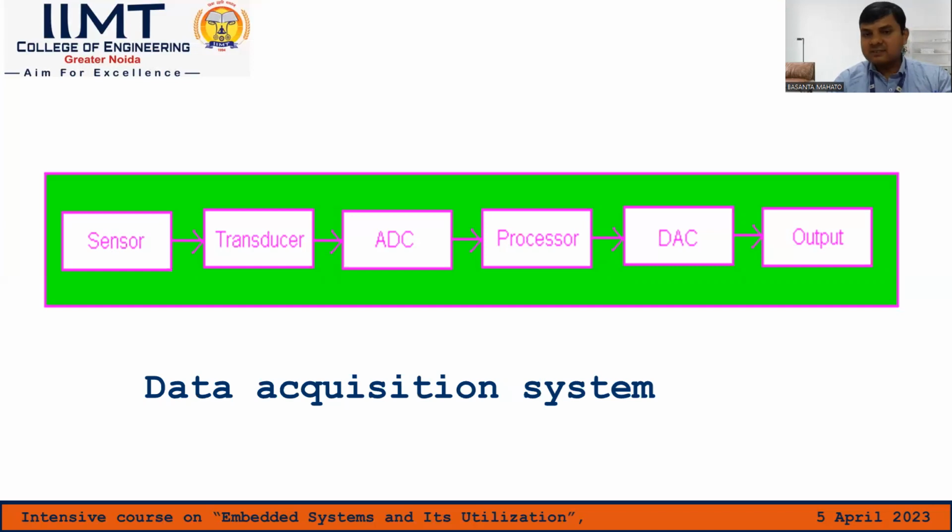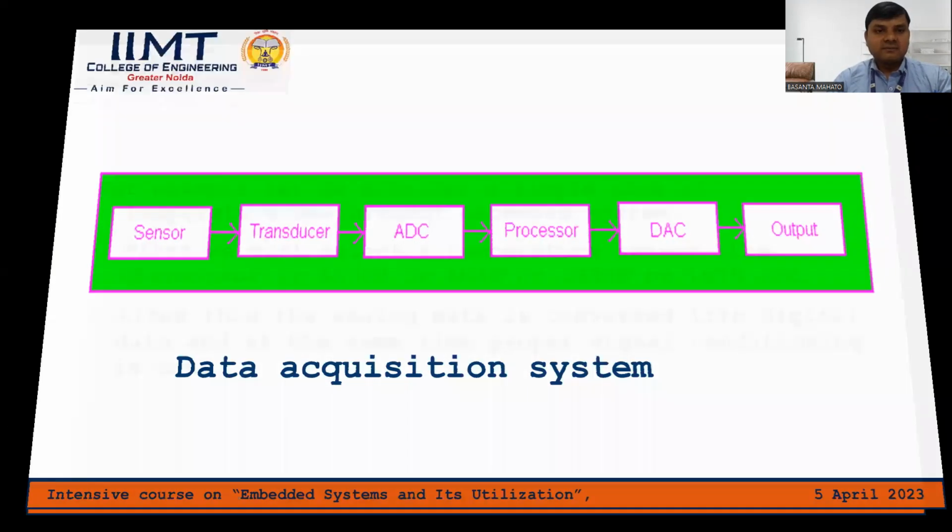The processor processes the signal according to the application or the specified program, and that goes to the DAC, and finally to the output, because output data is always analog or in a user-understandable form. Then the DAC converts it from digital to analog. This is a complete system.